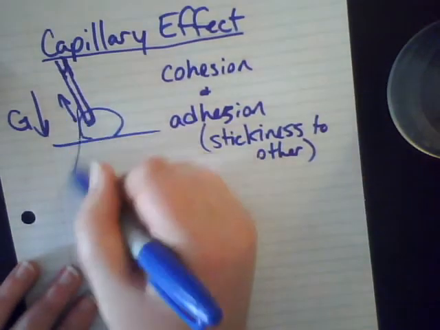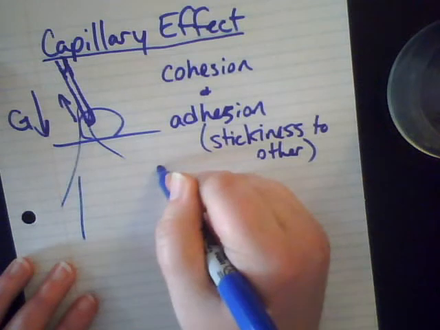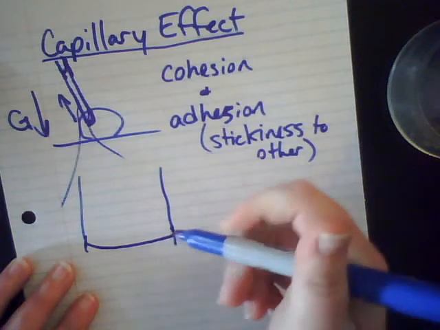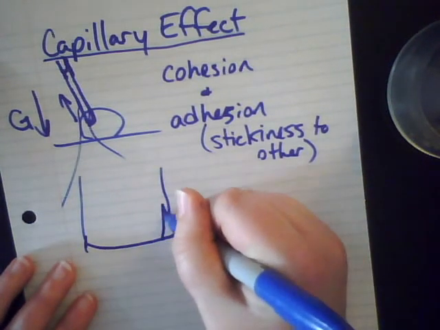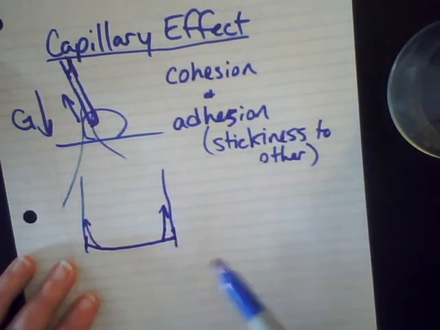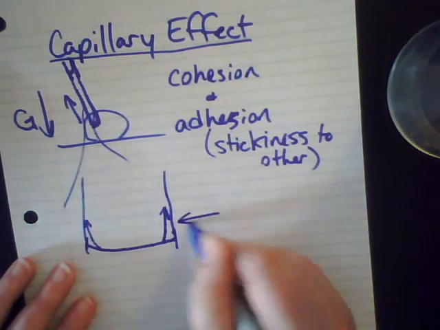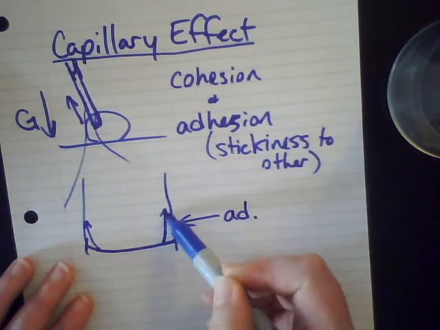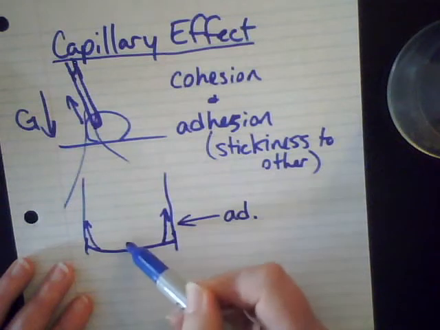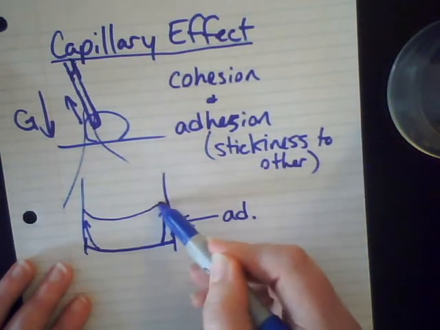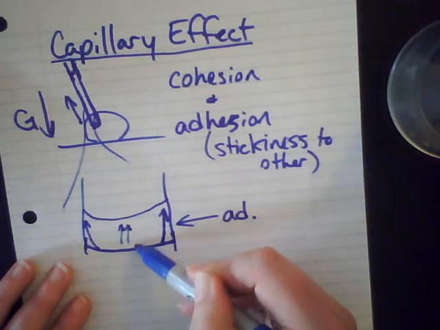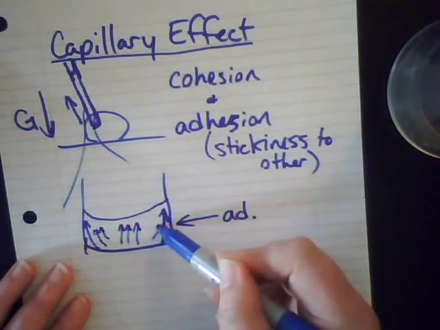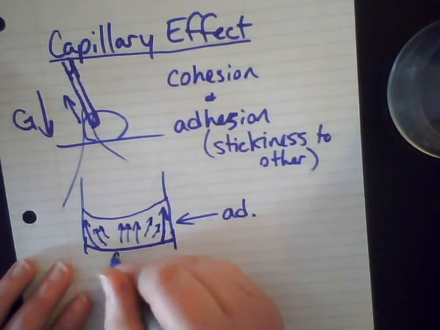If I was to blow up this tube so that you could kind of see what was going on in the walls, when you put it into the water right away, then it's going to be here. And the water, because of adhesion, is going to be attracted to the sides of the tube. So attraction to other is adhesion. Okay. And then as the water moves up the sides of the tube, then it's going to start bringing up the center of it to join. So the center comes up to move because it's attracted to all the water molecules along the side. Okay, so the water is following itself because of cohesion.